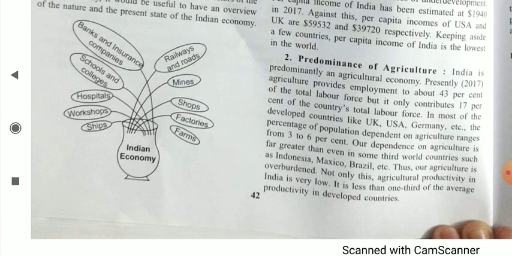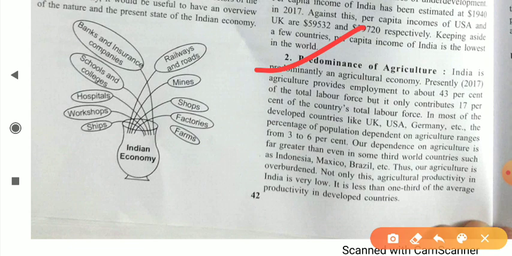The next one is predominance of agriculture. As I told you earlier, every underdeveloped or developing economy has the key feature of predominance of agriculture. It means the contribution of agriculture is too high in our country as compared to other countries.